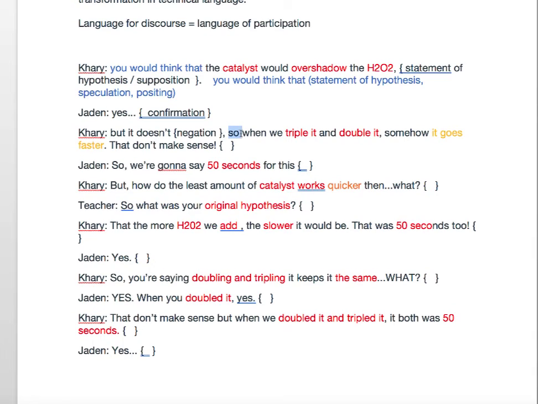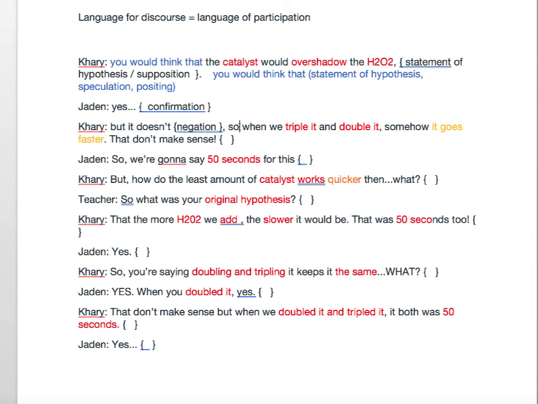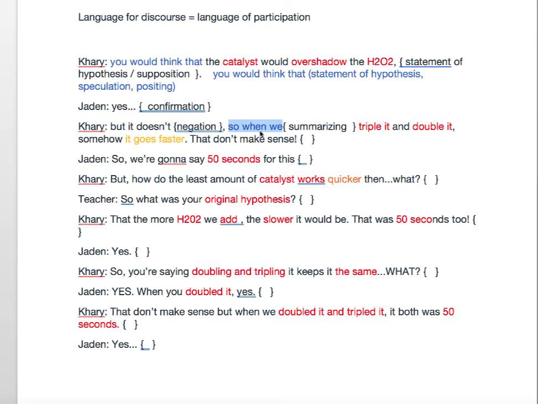But here we have the start of a function, and that is summarizing. This little phrase is the start of a summarizing function in the discourse.